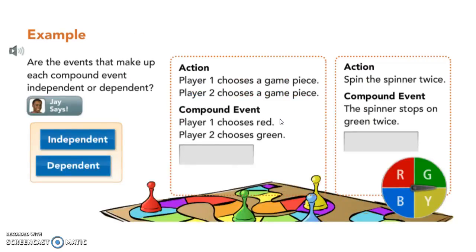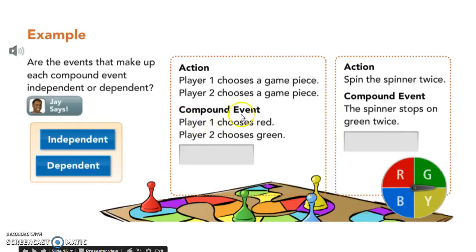Okay, so let's think about these examples here. Are these events that make up each compound event independent or dependent? So the action is player 1 chooses a game piece, player 2 chooses a game piece. Player 1 chooses red, player 2 chooses green. Is this independent or is it dependent? Does what player 1 chooses affect what player 2 chooses?